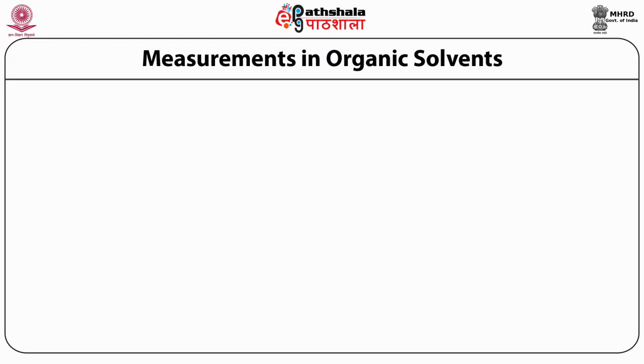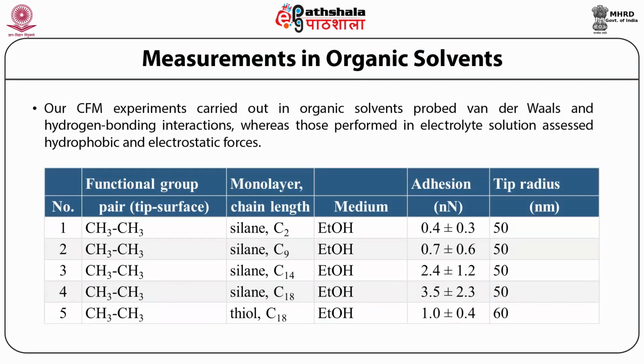Therefore, organic solvents are appropriate for studying van der Waals and hydrogen bonding, while electrolytes are best for probing hydrophobic and electrostatic forces. Measurements in organic solvents are chemical force microscopy experiments carried out in organic solvents, probing van der Waals and hydrogen bonding interactions, whereas those performed in electrolyte solution assessed hydrophobic and electrostatic forces.